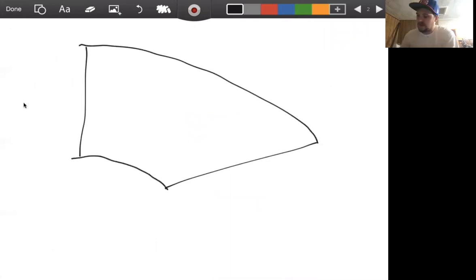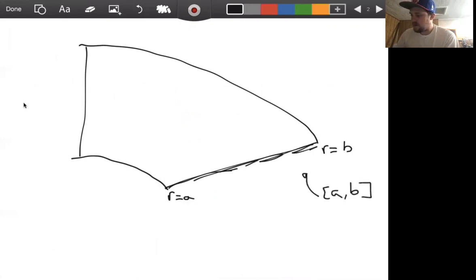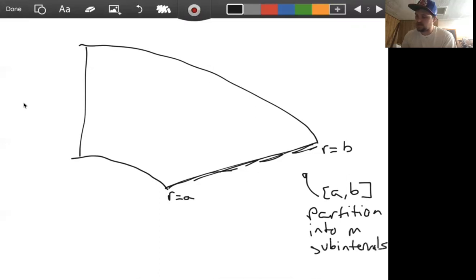So here we have an interval, like here's r equals a, here's r equals b, right? We have an interval in the r direction, the interval [a, b]. And let's partition [a, b] into m subintervals, and we'll index this by i.